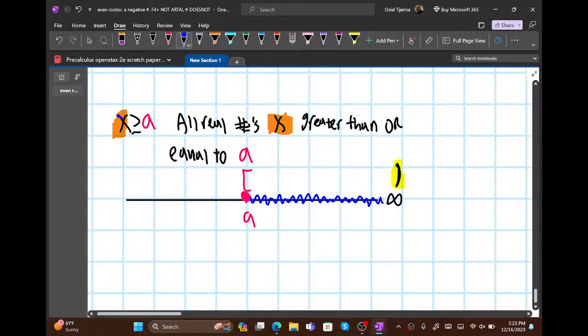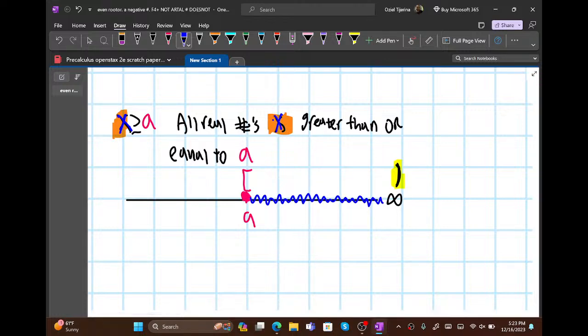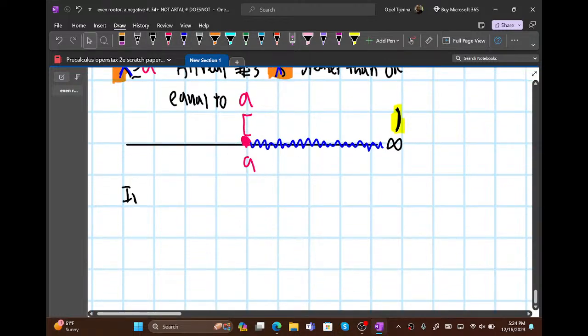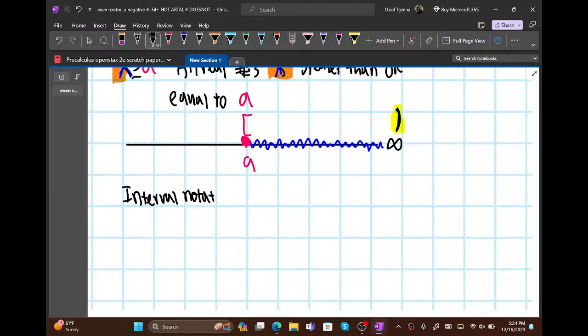And this represents the x value, right? So we're just going to do from a to infinity. In interval notation, we're going to have a bracket, a, and we can write it this way.